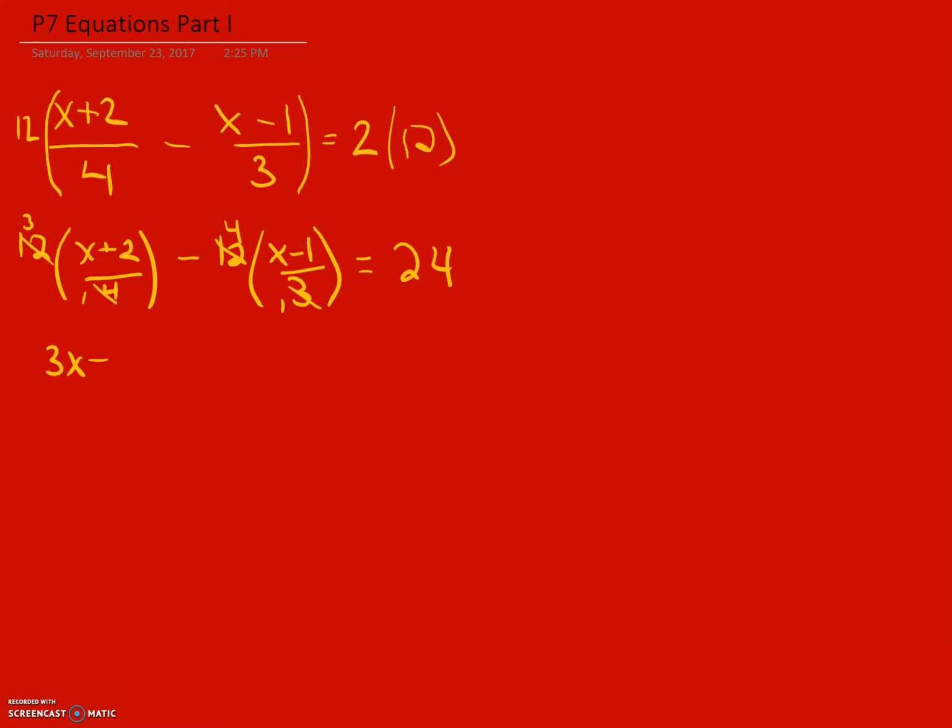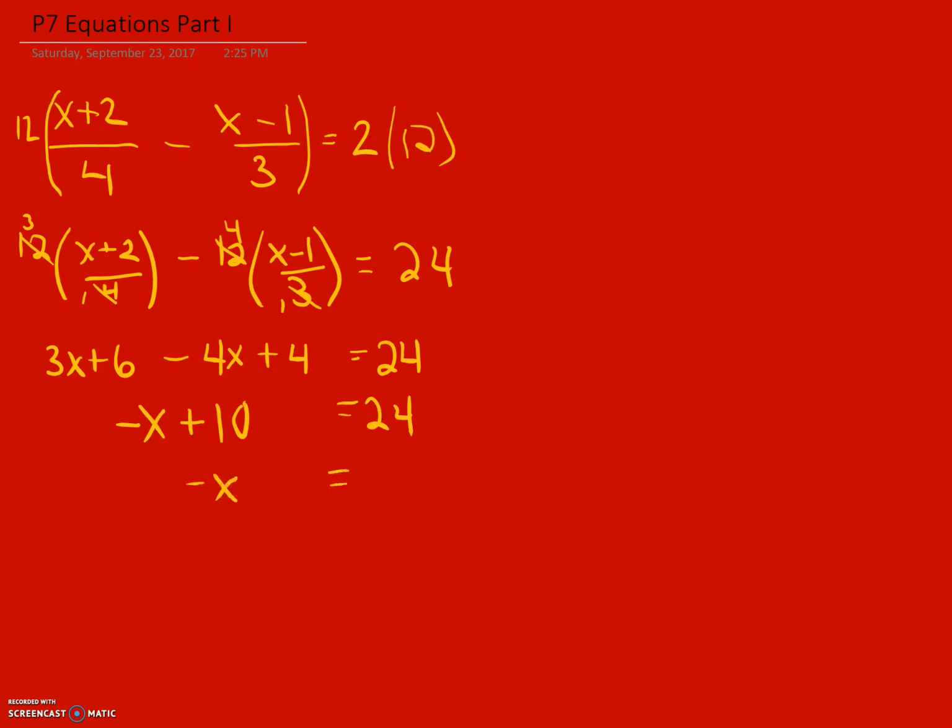So I have 3x plus 6 minus 4x. And then treat it like it's a negative 4. So we're going to say plus 4 equals 24. Got negative x plus 10 equals 24.